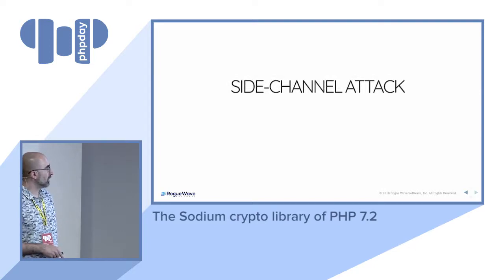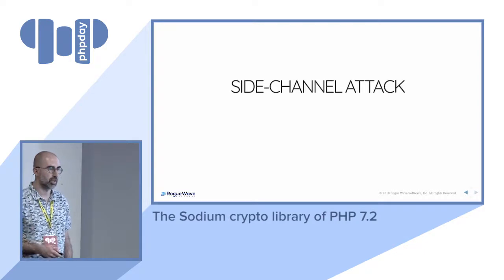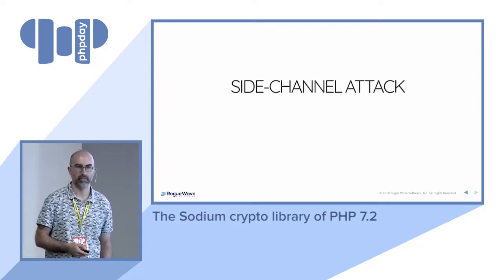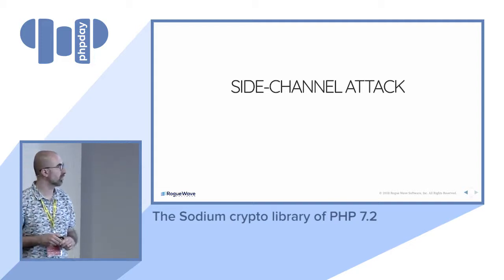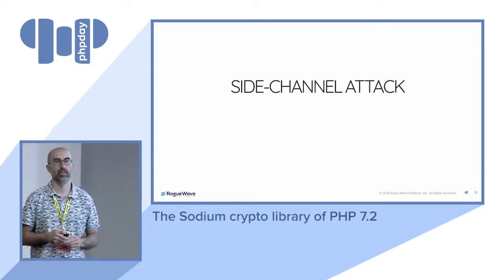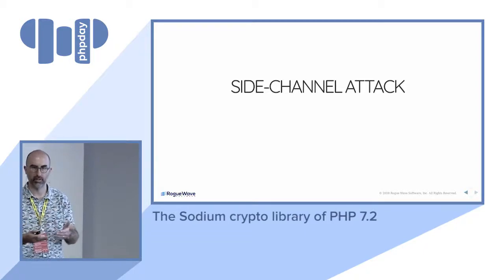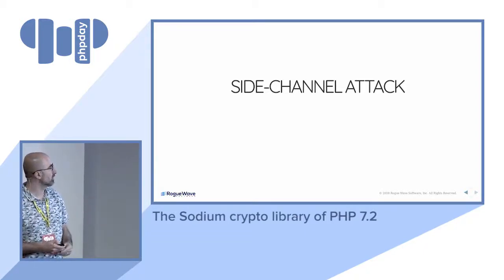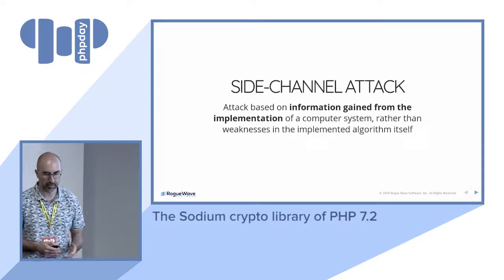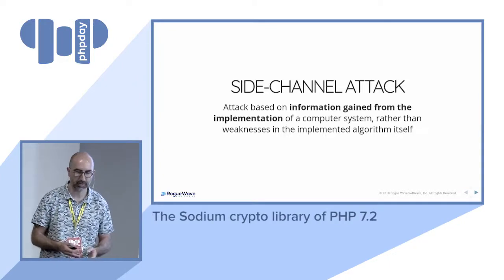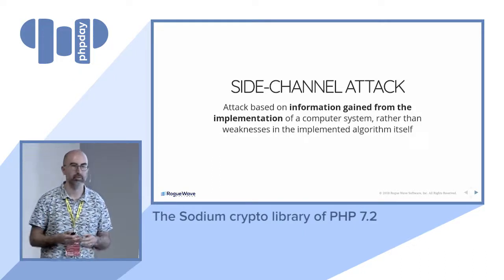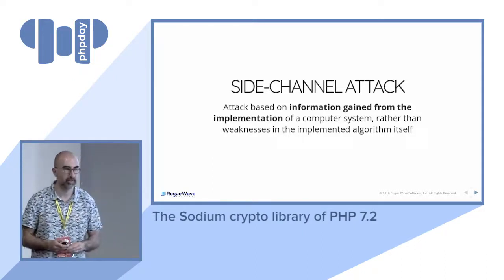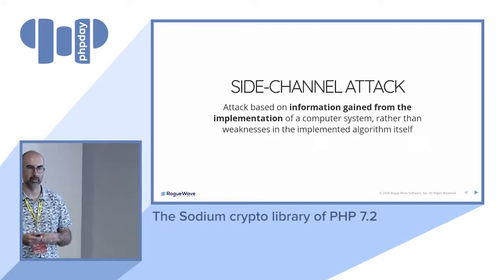This is actually one of the most problematic issues when you implement a cryptographic algorithm, because there are details inside the implementation that can be used to attack the algorithm itself. This is the side channel attack. This is the basic definition: an attack based on information gained from the implementation of a computer system in general, rather than a weakness of the implemented algorithm itself.